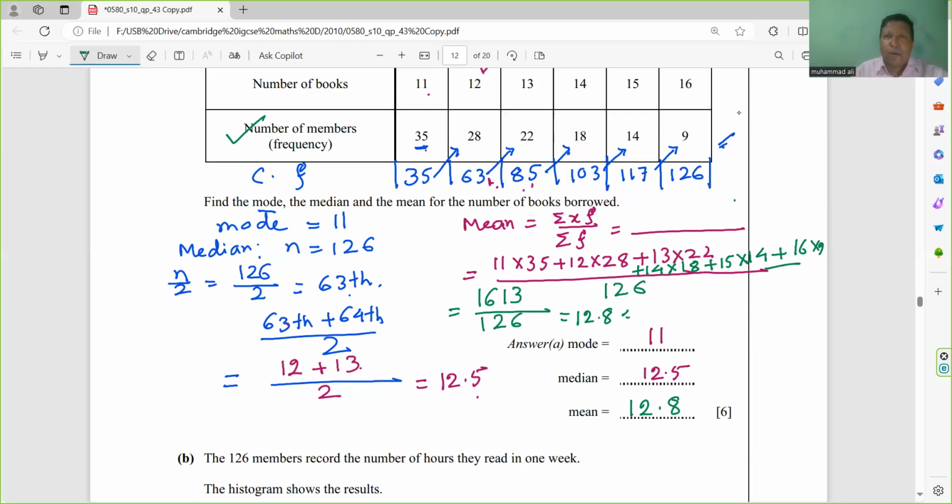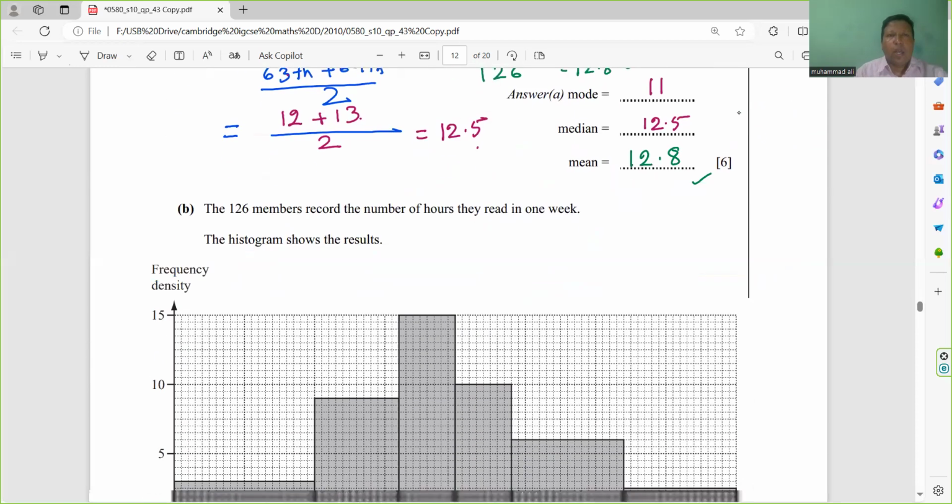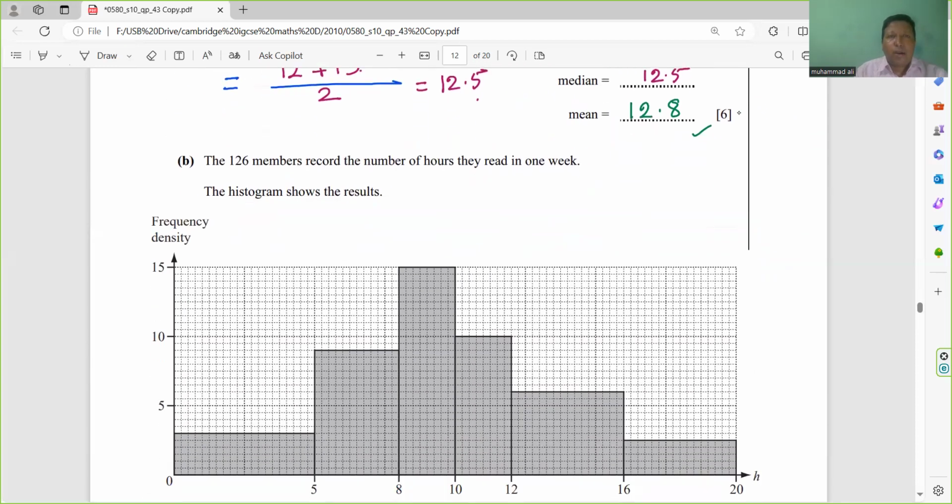So these numbers multiply this frequency, these numbers multiply this frequency, this number multiply this frequency. After multiplication, which value comes, we have to divide by total frequency. So this is mean.